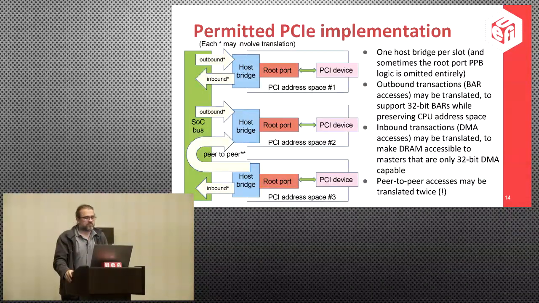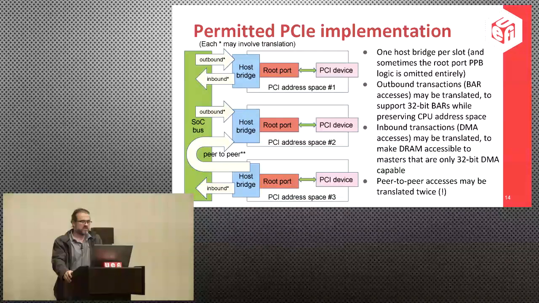this is one of the examples we actually see, and this is not a server chip, but a high-end 64-bit ARM chip, where there are several host bridges, and every host bridge has just a single root port, or actually it doesn't even have a root port, it's just a PCIe link. And in this case, all the different arrows may involve some kind of translation.